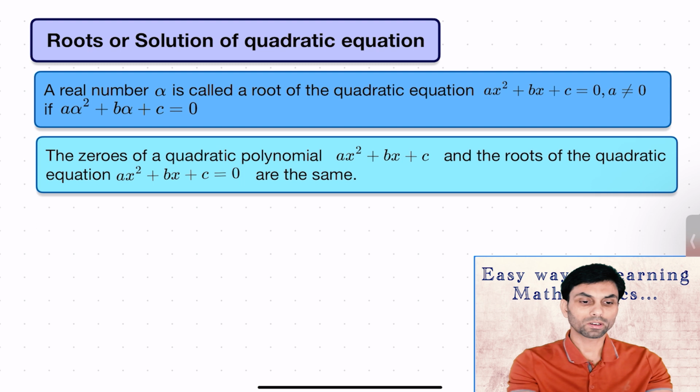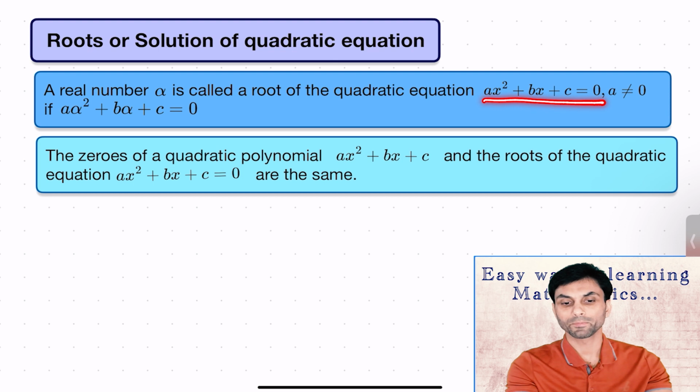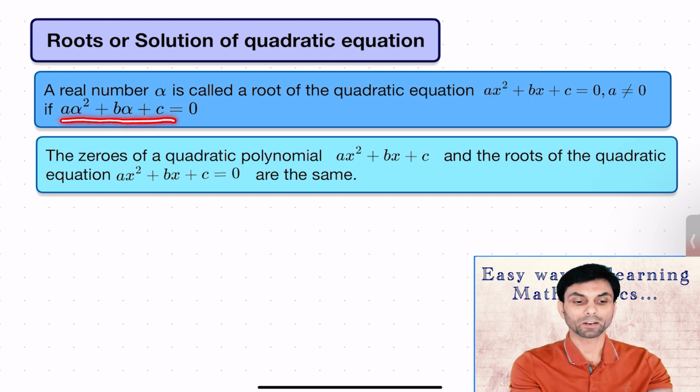Now, the basic definition: let us suppose alpha is a root of a quadratic equation, then it will satisfy the quadratic equation. That means if alpha is a root of the quadratic equation ax square plus bx plus c equals 0, then a alpha square plus b alpha plus c will equal 0.